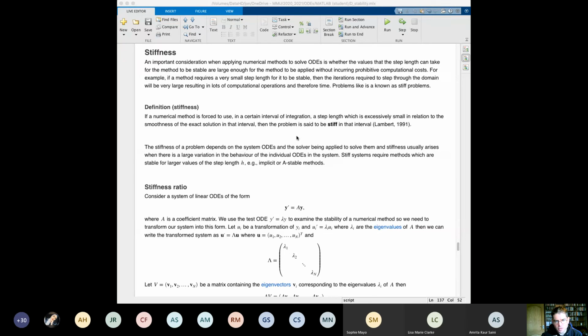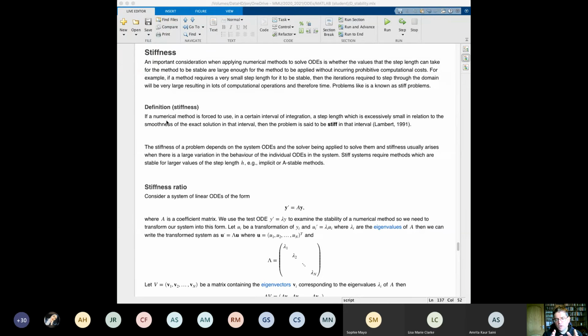There's no hard and fast mathematical definition of stiffness, but the one I like, given in Lambert, is: if a numerical method is forced to use in a certain interval of integration a step length which is excessively small in relation to the smoothness of the exact solution in that interval, then the problem is said to be stiff in that interval.